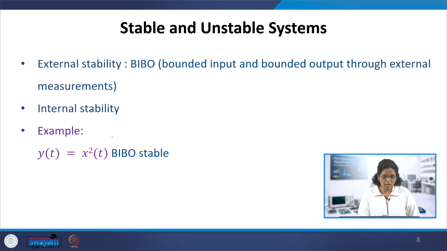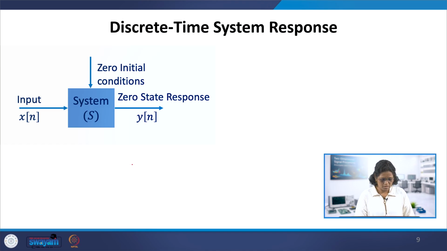Similarly, instability can be said like this: for a bounded input, the output is not bounded, it is going to infinity, then this is not BIBO stable. For example, y of t equal to x square of t is not BIBO stable.